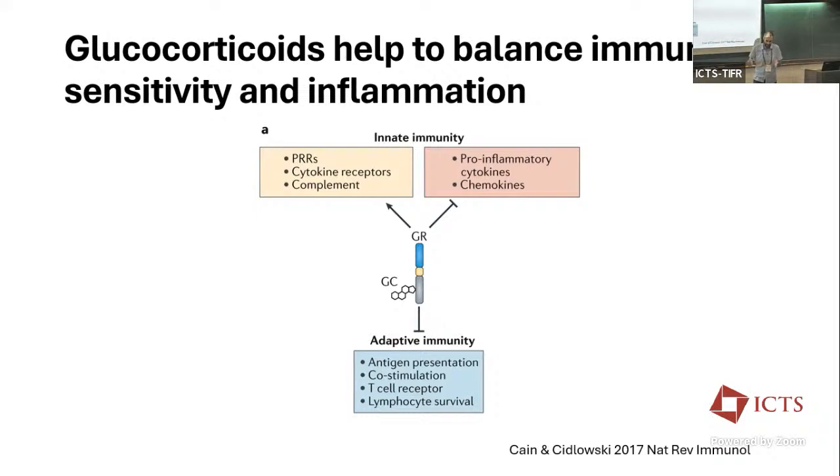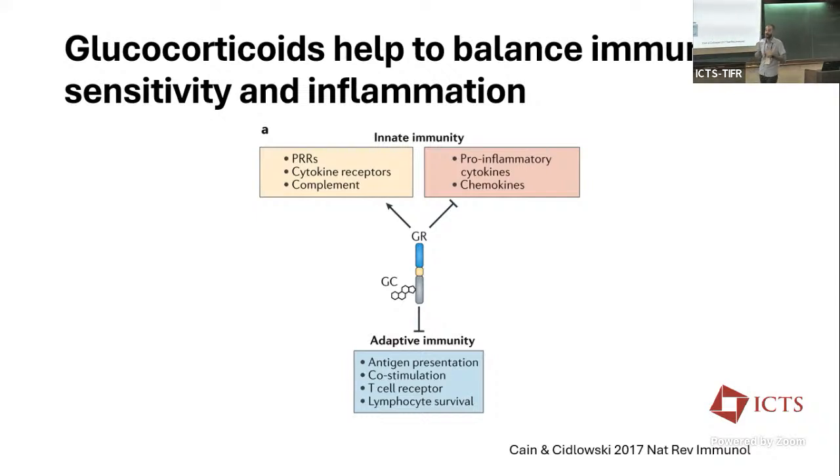So it actually regulates the immune system in this biphasic manner, such that at low doses, things like cortisol promote the expression of innate immune genes and rapid responses to stressors and pathogens that are there.